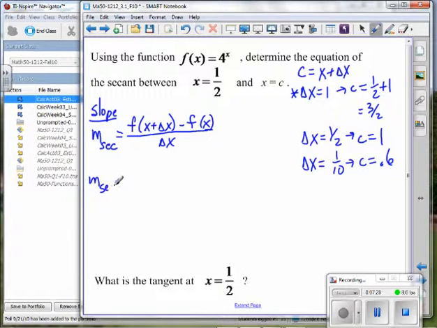For our specific secant, if delta x is 1, it's going to be f of 1/2 plus 1 minus f of 1/2, divided by 1.